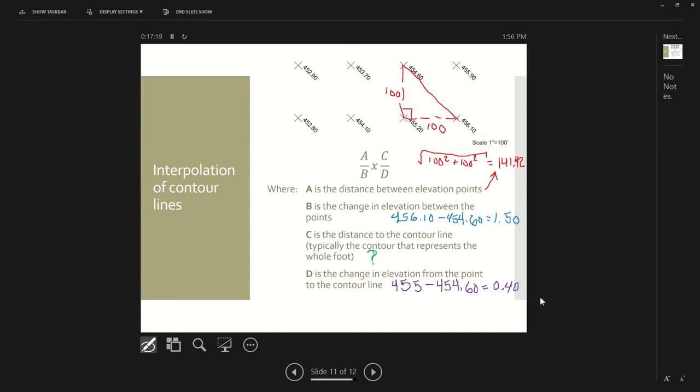Now we have all the variables to be able to solve for this formula. Let me switch to a different pen type, the ink color black. A we figured out is 141.42, and I'm dividing that by B, 1.5.